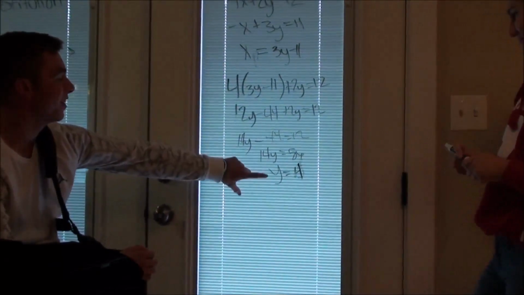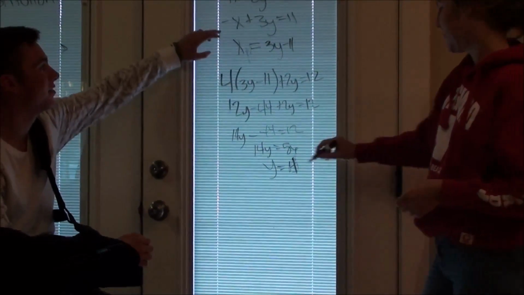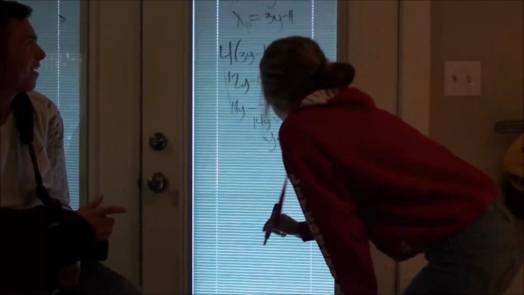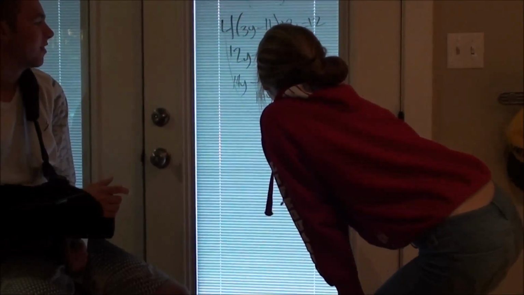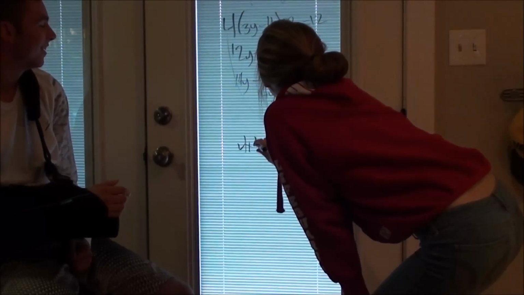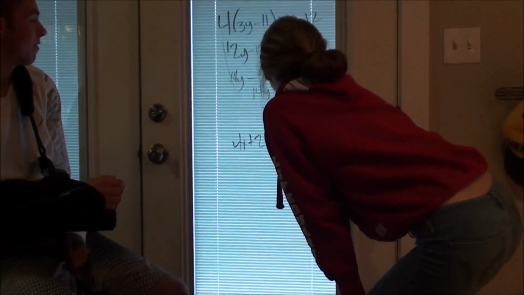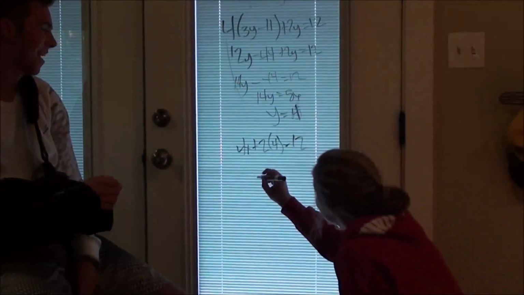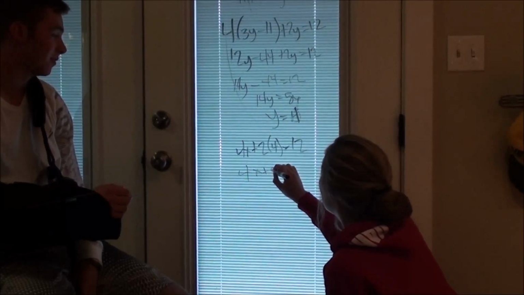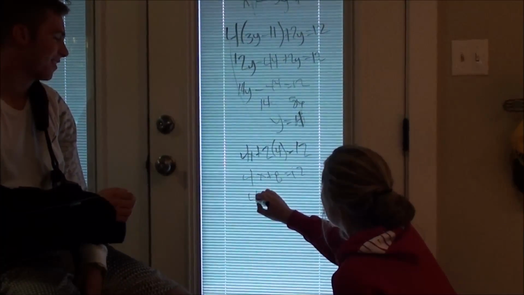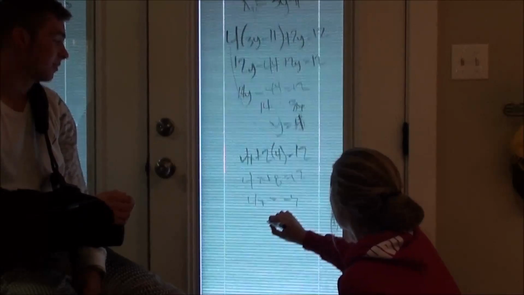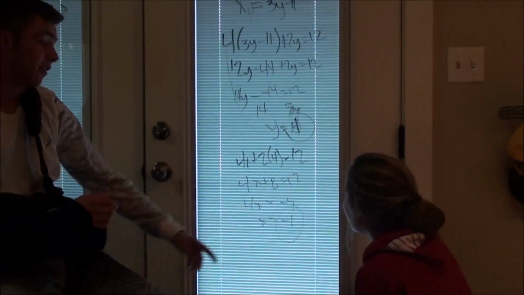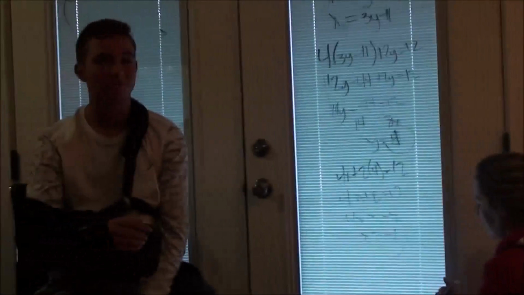And then you'll plug this y back into one of the equations. Doesn't matter which one. And then you'll just solve the equation. And there's your x and y, and that's substitution.